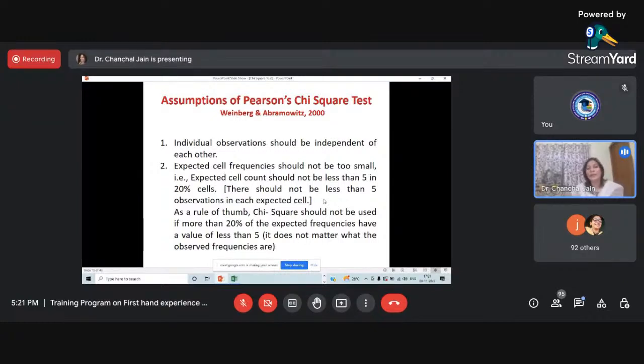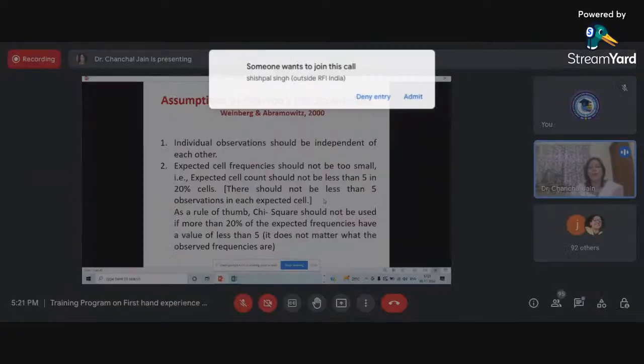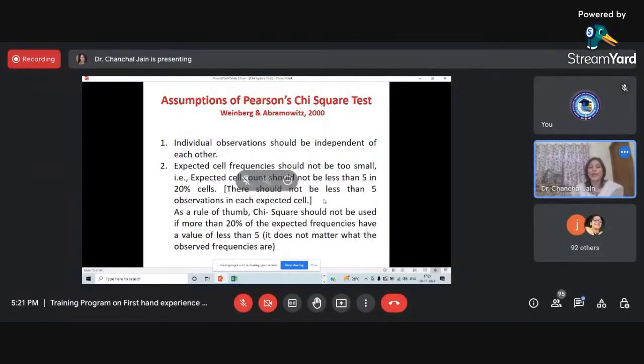Second, expected cell frequencies should not be too small. That is, the expected cell count should not be less than 5 in more than 20% of cells. Whatever number of cells there are for the expected frequencies, 20% of these cells should not carry an expected frequency of less than 5.